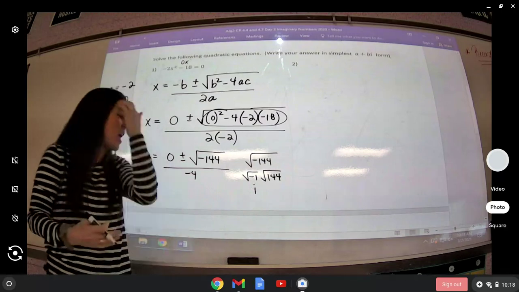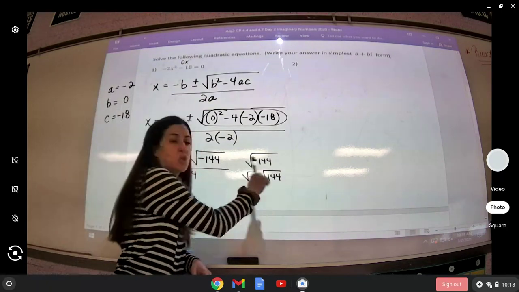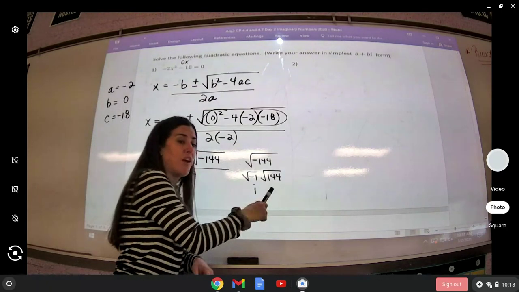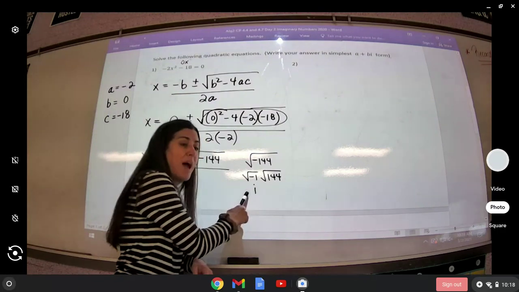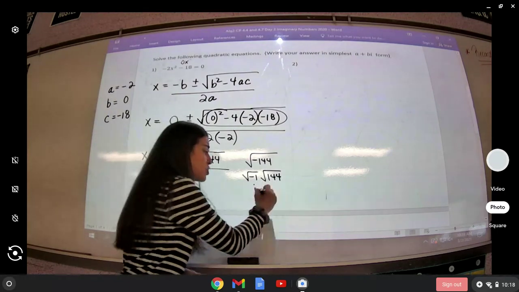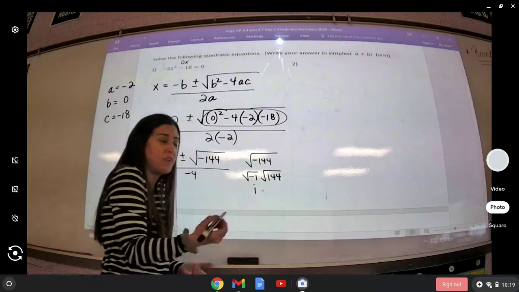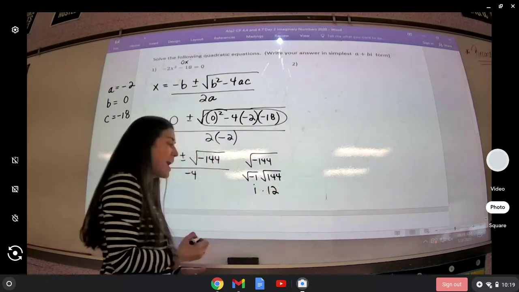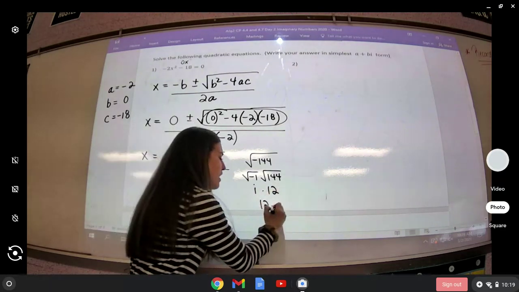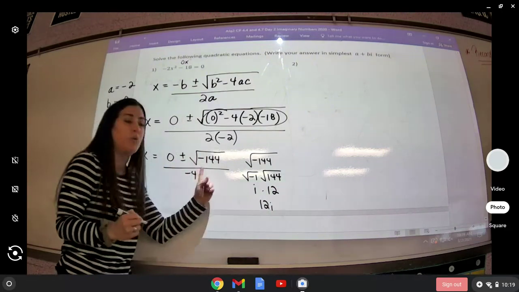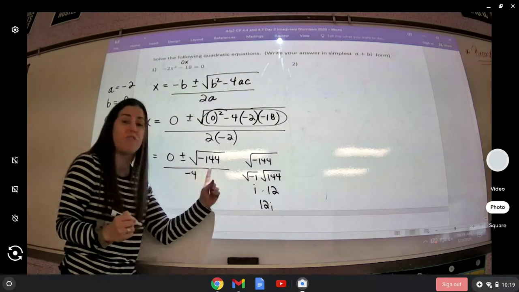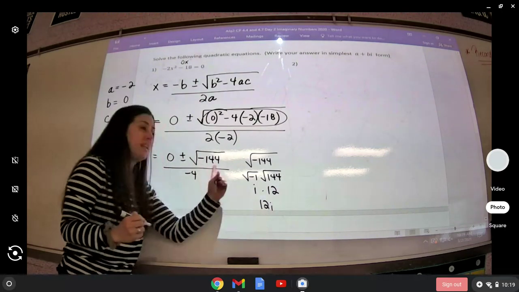It is the square root of negative 1. That's how we get the square root of a negative number out of our answer. Now we're showing it as an imaginary solution. And then, guys, the square root of 144 is 12. It's a perfect square. So i times 12 is 12i. So you want to take the square root of negative 144 out and put 12i in its place.